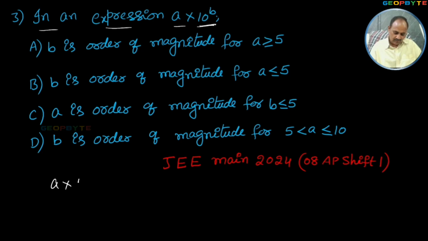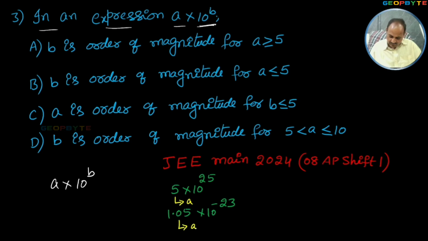Now generally we write a value like 5 into 10 power 25 or 1.05 into 10 power minus 23. Here this is the value of a, and this is the value of b.